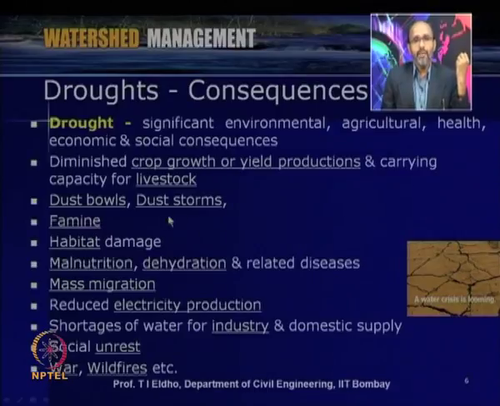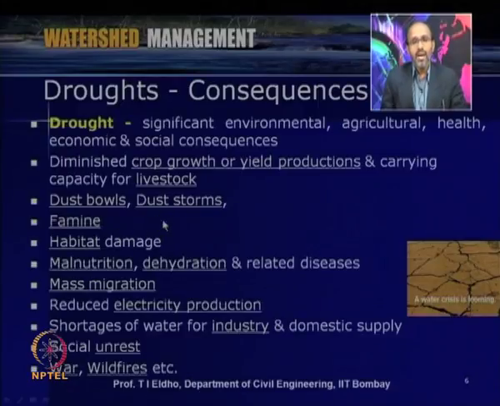And as far as the environment is concerned, some portions of the region become dust bowls. So, sandstorms, like dust storms, can take place. Then due to the agriculture related problems, there can be famine. When the production is reduced, famine possibilities are there.